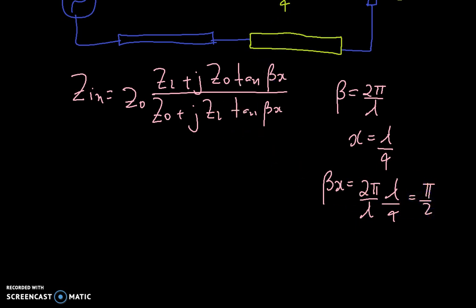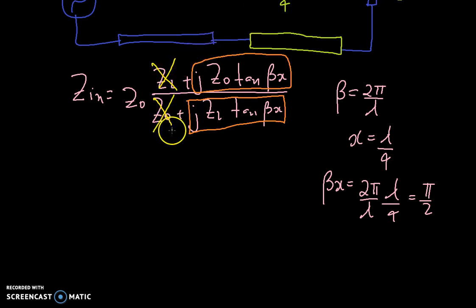And this is good because tangent of pi over 2 is infinity, and if that's the case, then this term right here will be infinity, and so will this one, and so this term right here does not matter, and this term does not matter.